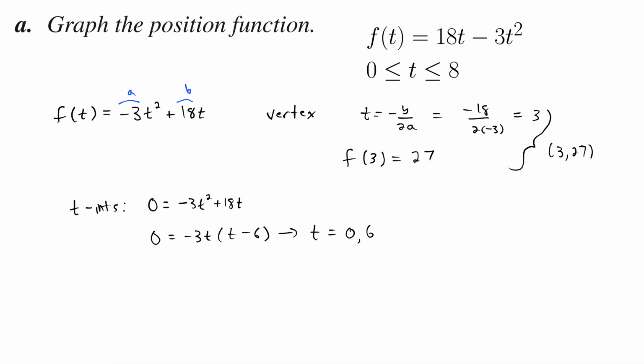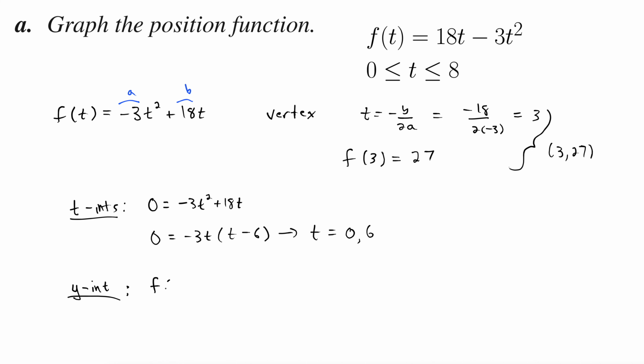So that's good. We have a parabola opening down. We now have our t-intercepts and our vertex. We actually also have our f of t, or our position intercept as well, or you could think of that as our y-intercept. That could be found by computing f of 0. I'm just going to say the y-intercept, even though there's not really a y here, just to keep it distinct from our t-intercepts.